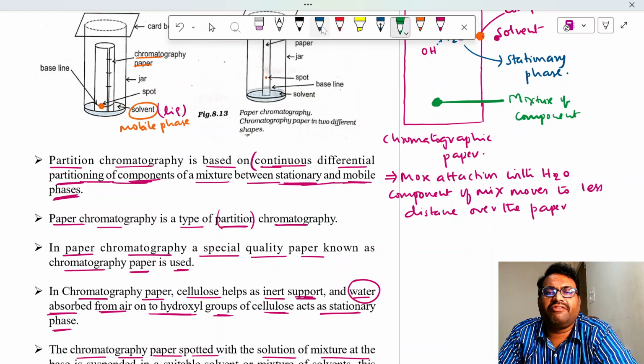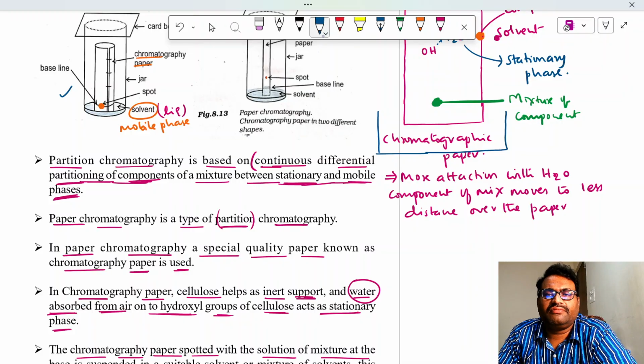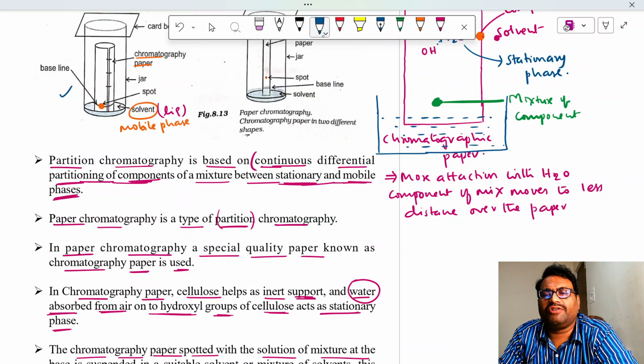Now again, what you are doing? You are taking a container here. This is the container, and here you can find the diagram, drawn again to make it more clear. Now you are placing solvent here, this blue color solvent.